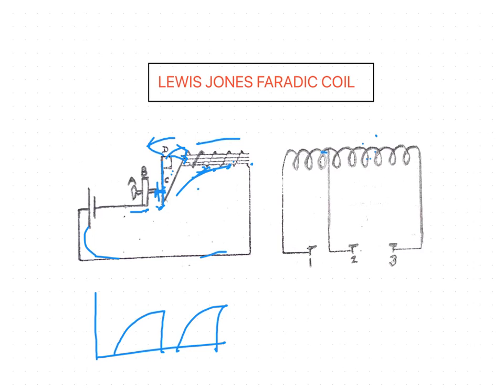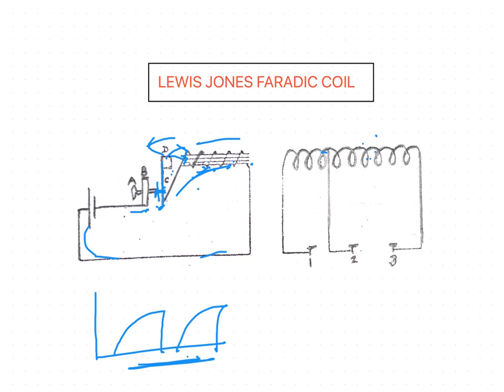The primary current falls quickly, so the magnetic field changes rapidly and the EMF induced at the break of the primary circuit is much greater than that induced by the rise of current. So for that reason we get such kinds of waveforms.